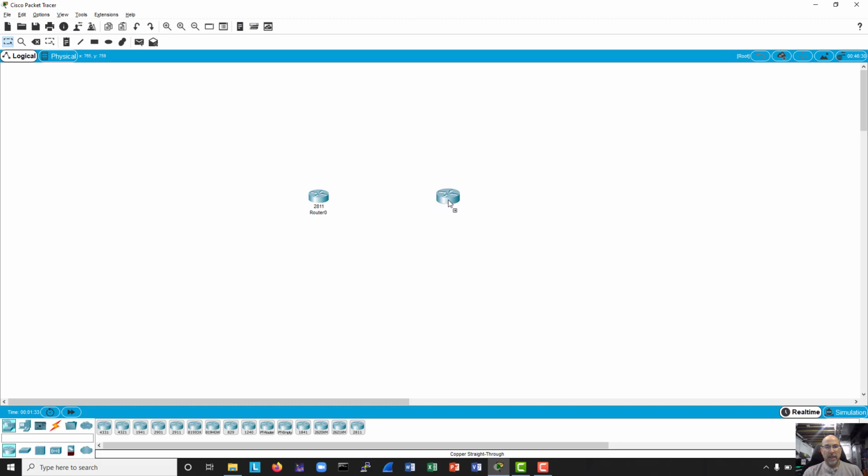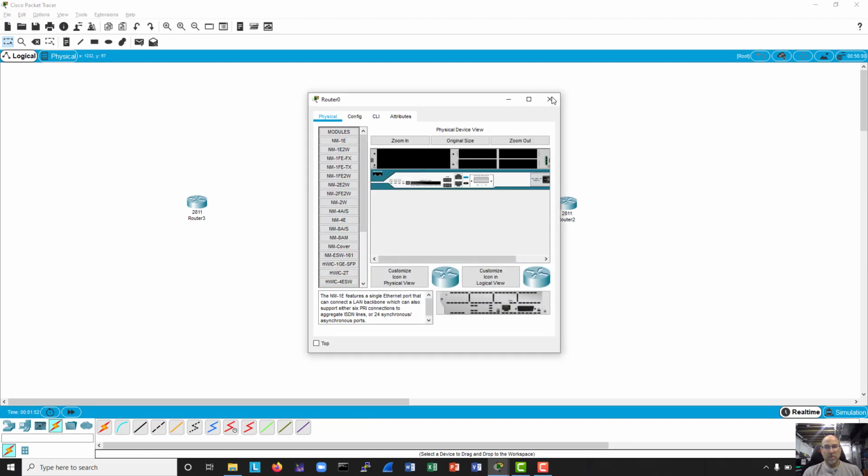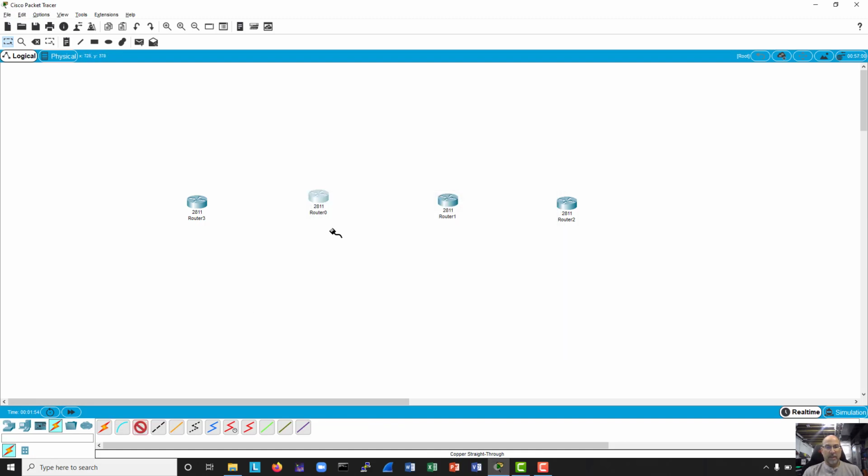But what I want to say is that when you're building OSPF, we have this concept of areas and an autonomous system. So right now, everything that you see on the screen is going to be part of my autonomous system. And when I start to interconnect things, I'm not only creating networks, but I'm also creating areas.